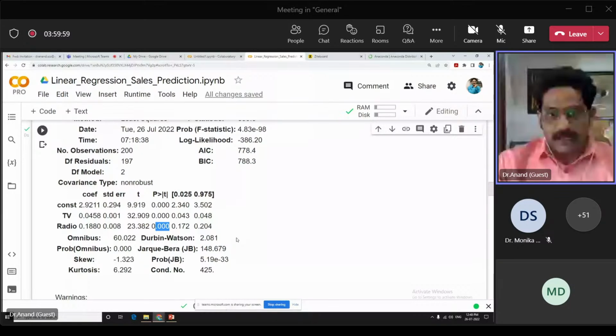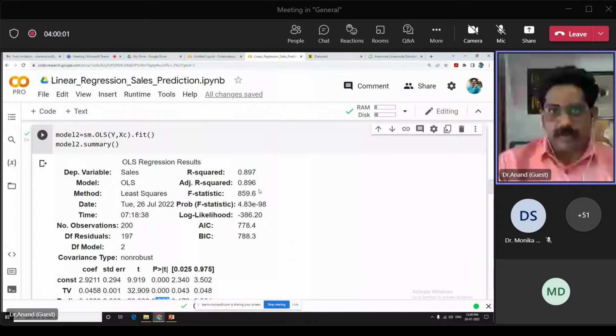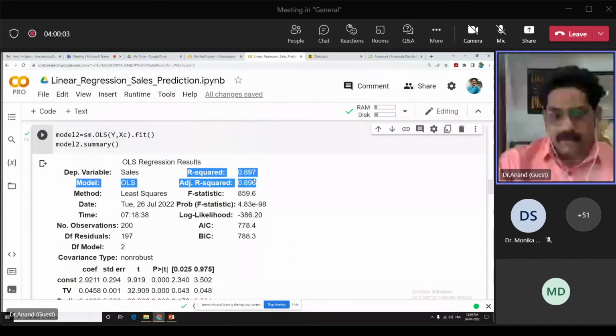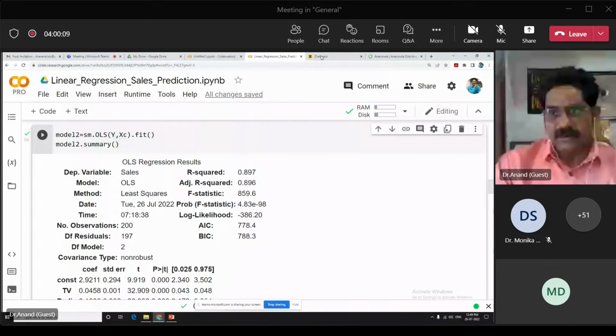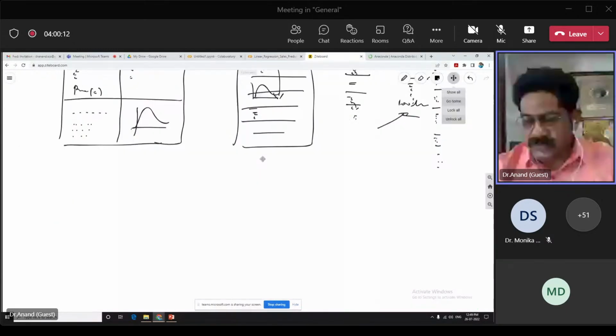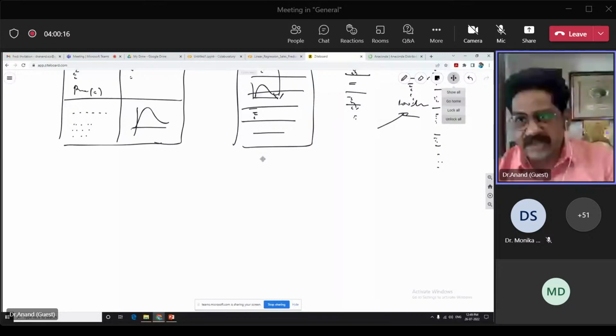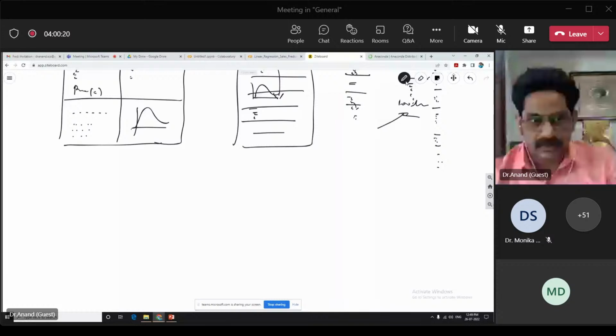So now let me quickly tell about what the R square metric is. Like root mean square error is one metric we discussed, let us see what the R square metric is. The R square is the percentage of the variation in the dependent variable explained by your independent variables.